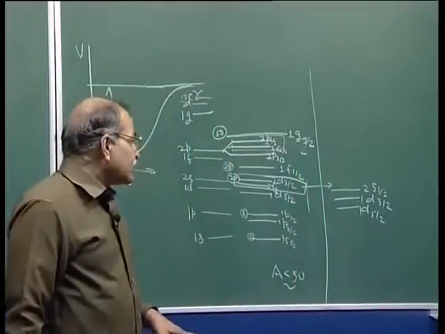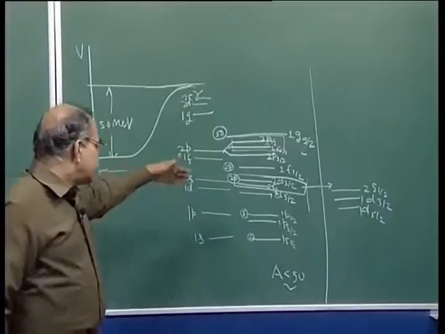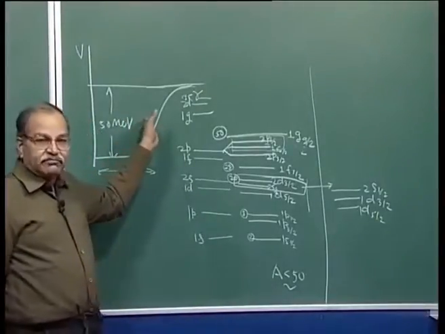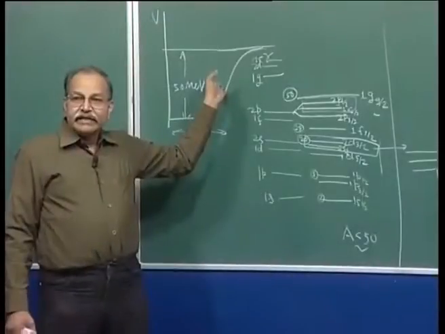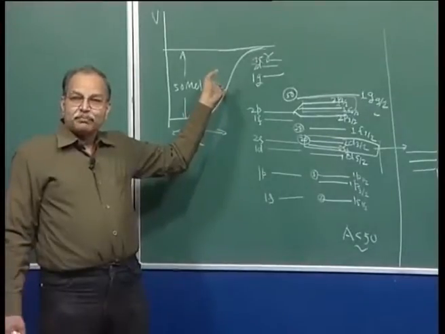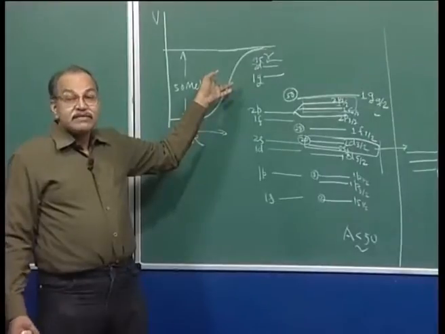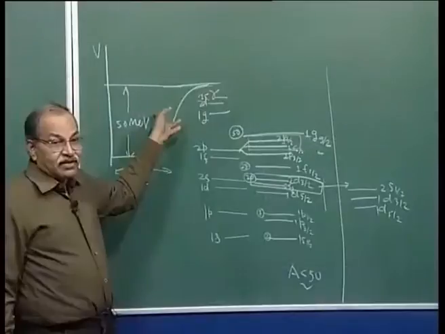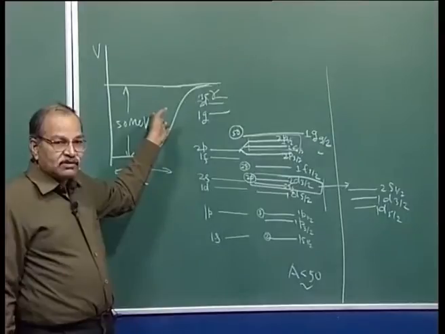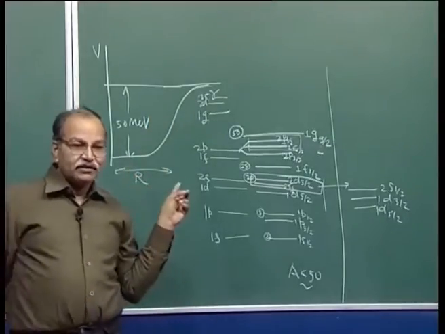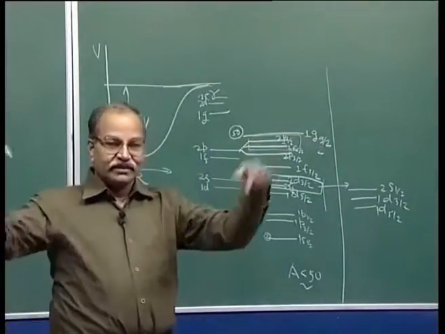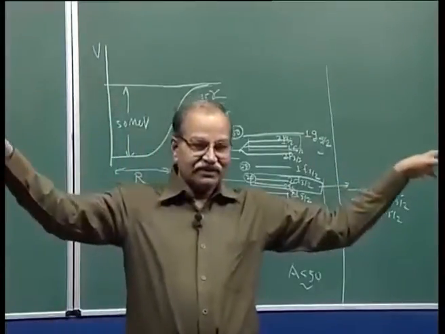The third thing is that this potential, or these energy levels, are somewhat different for proton and neutron because of Coulombic interaction. If we are writing for a neutron, it is a single particle potential. For all nucleons, we are saying that this is the potential and these are the energy levels.